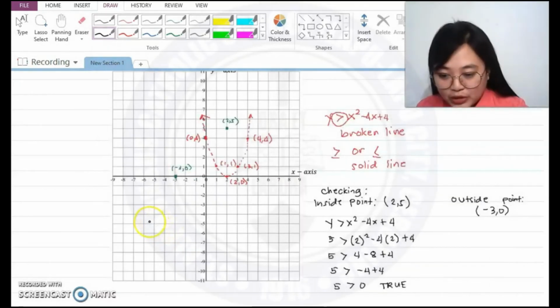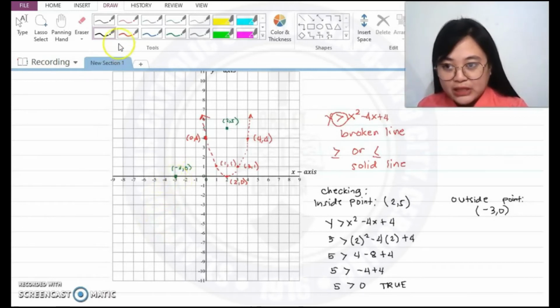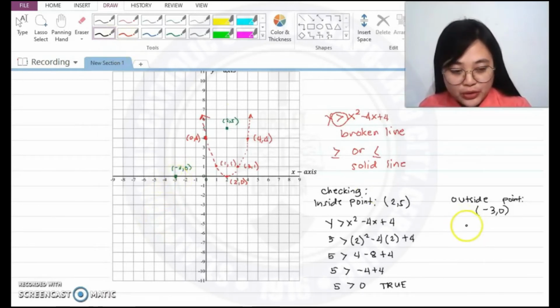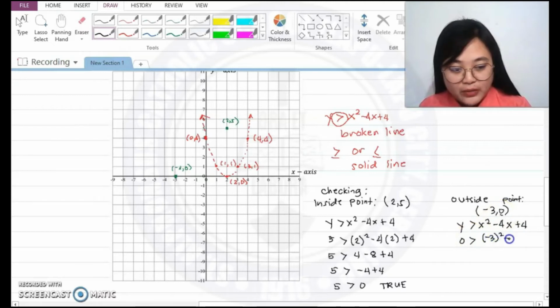Now we're going to test the outside point, which we have chosen, (-3, 0). So we will use the original quadratic inequality y greater than x squared minus 4x plus 4. Change y to 0, since that is the point that we have chosen, greater than negative 3 squared minus 4 times negative 3 plus 4.